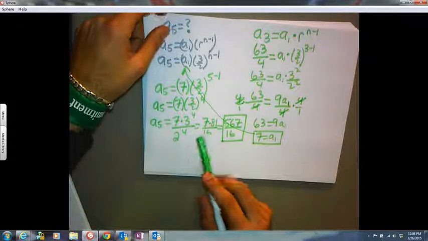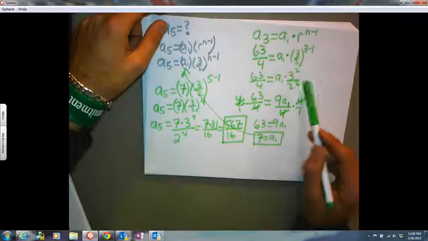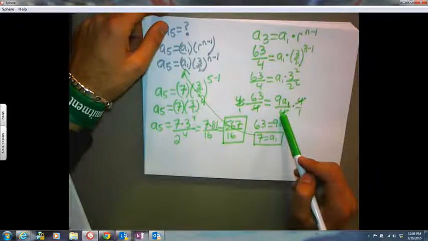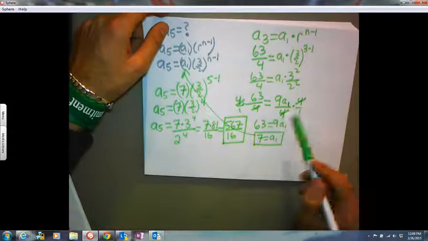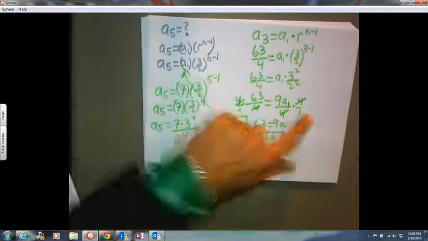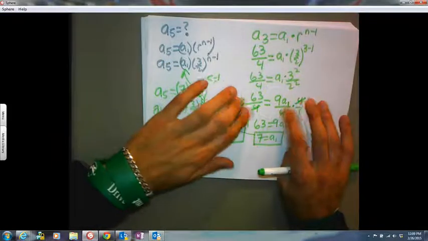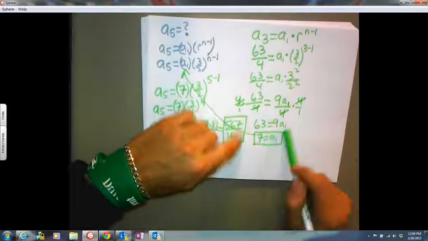Right here. Okay. So you good with the 9a over 4? So 3 squared gave me the 9, and 2 squared gave me the 4. Then on both sides I multiplied by 4, so I could get rid of the 4's that were downstairs. So 63. Does that work, Eddie?